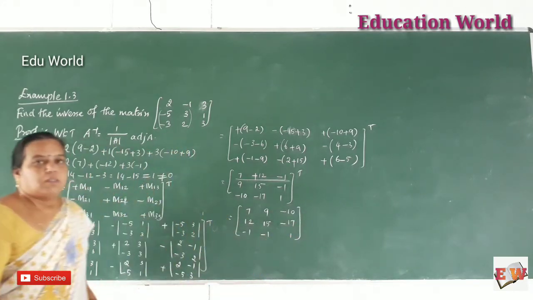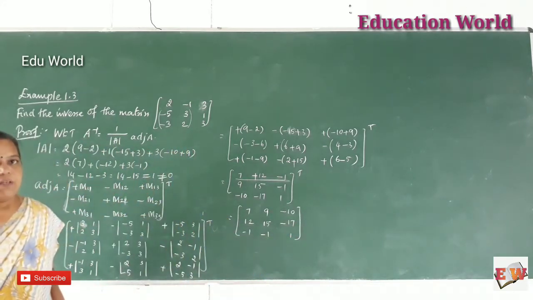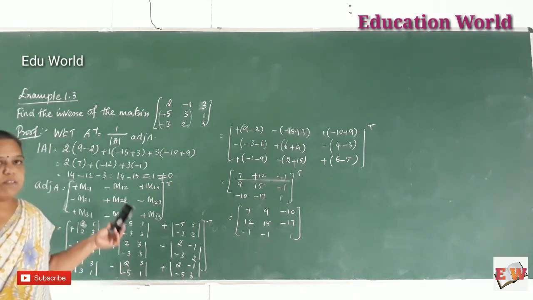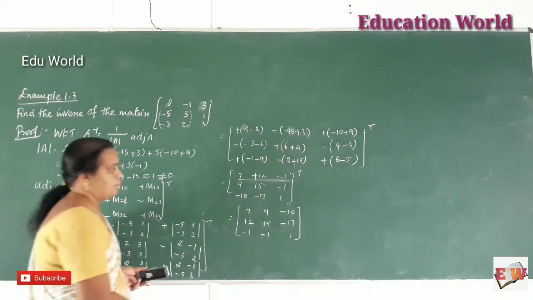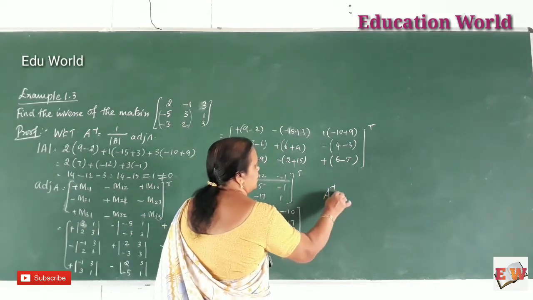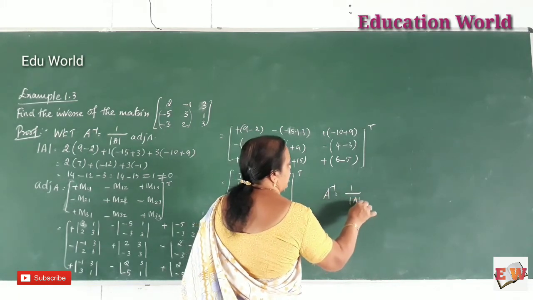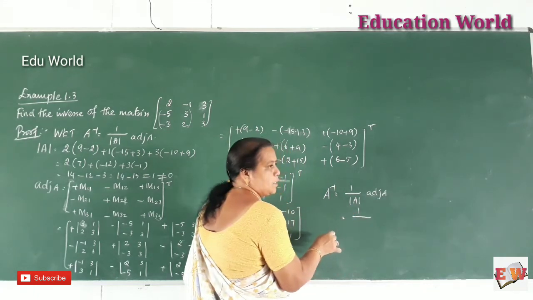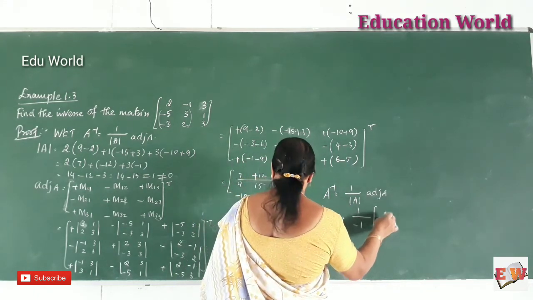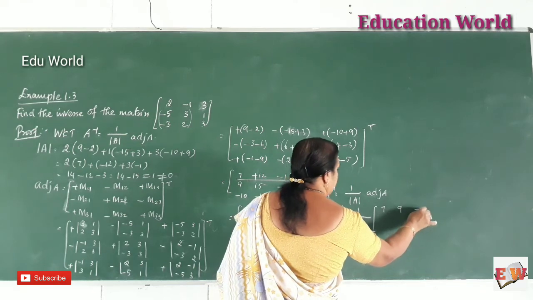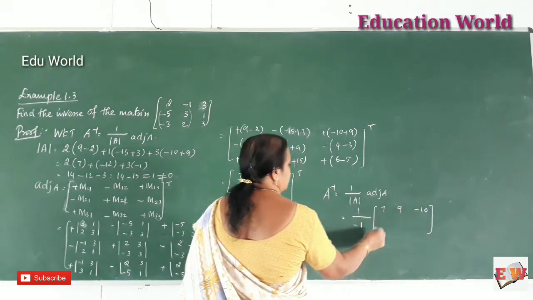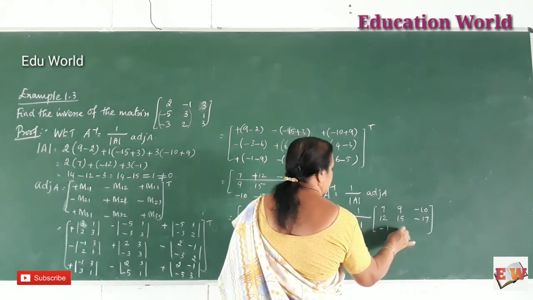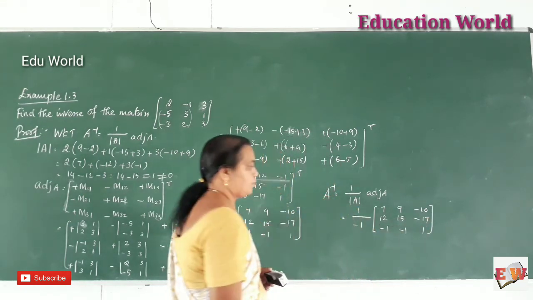So we found the determinant of A and adjoint A. Now we apply these two values in the inverse of A. A inverse is equal to 1 by determinant of A into adjoint A. We found the determinant of A is minus 1, into adjoint A: 7, 9, minus 10, 12, 15, minus 17, minus 1, 1.